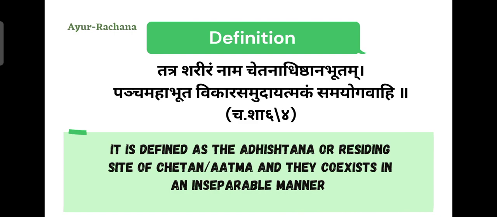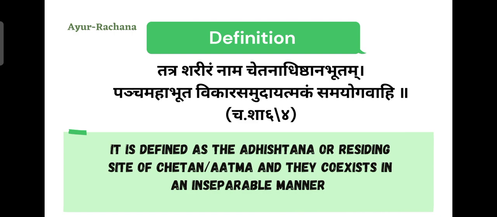And Panchamahabhuta vikara samudayatmakam samayogavahi, and it is a complete coexistence of this particular Jivatma along with the Panchamahabhuta vikaras. That means the Panchabhautika constituents of the body. So they exist in a samayogavahi, means it exists in coexistence form, in an inseparable manner, and that is termed as Sharira.